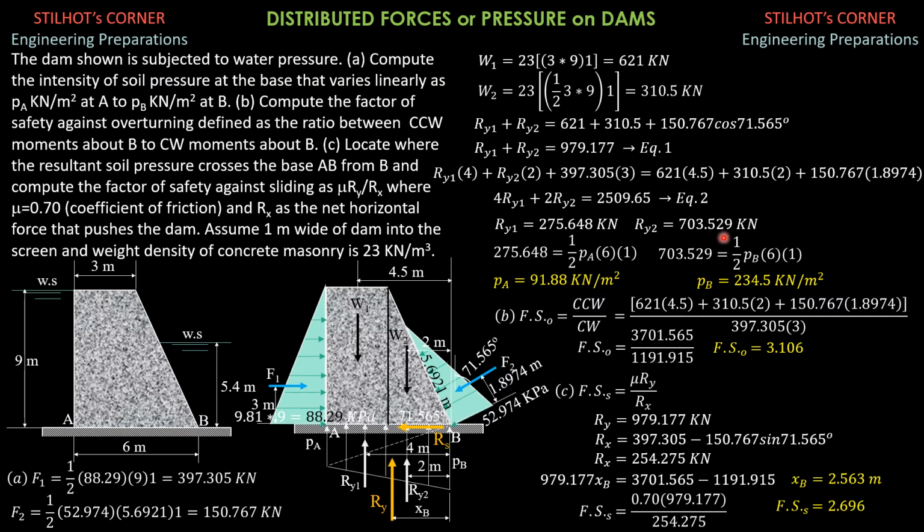So plus W2, the moment arm is 2, then plus the moment of this F2 here, which is 170.767 times moment arm 1.8974. Simplifying, 4Ry1 plus 2Ry2 equals 2509.65. Equation 2.